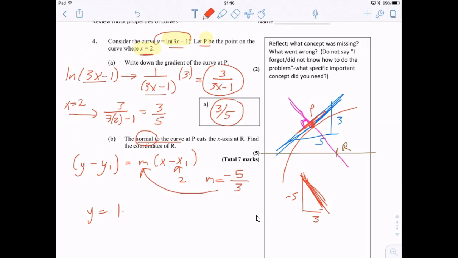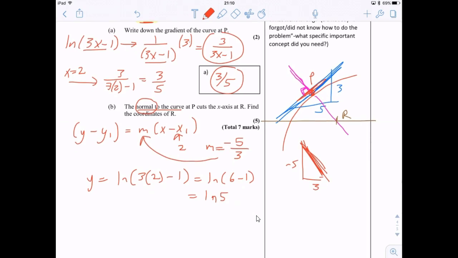So, y equals natural log of 3 times 2 minus 1, natural log of 6 minus 1, natural log of 5. Okay, so the y value that corresponds to an x value of 2 turns out to be natural log of 5.